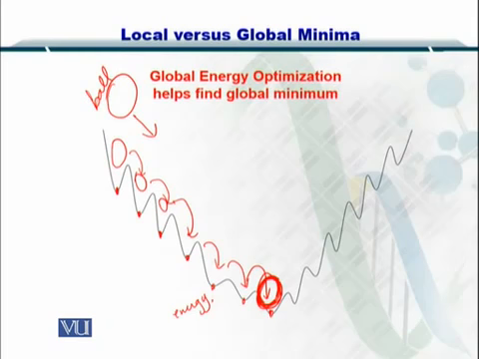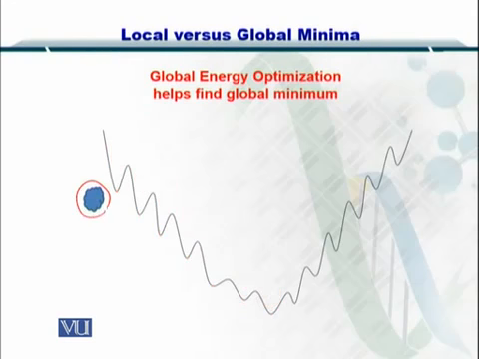So this analogy can be extended to the protein structure energies, wherein the proteins initially have this energy value. So obviously in this direction the energy is low, and here energy is high.